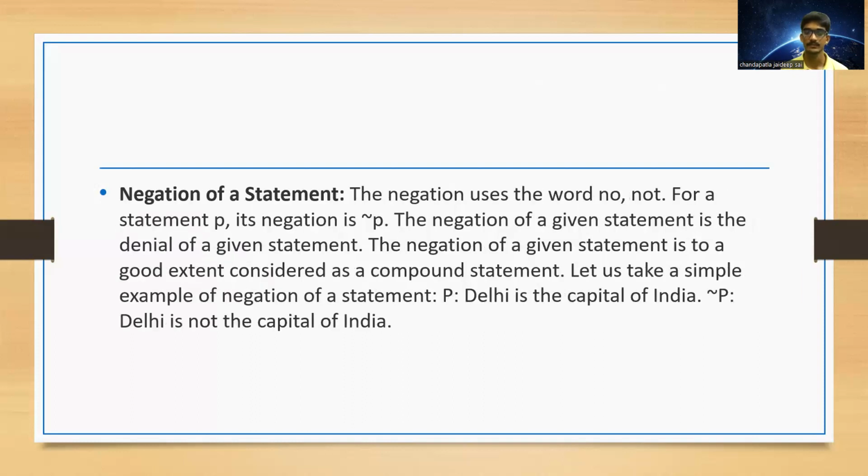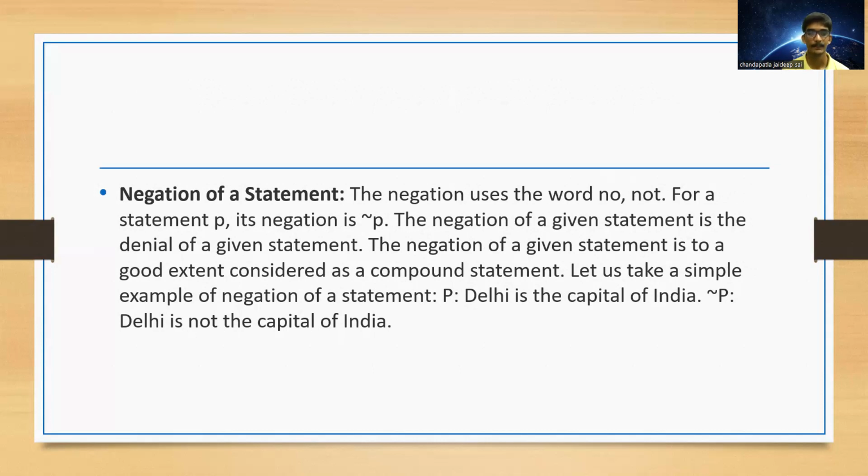Negation of the statement. The negation uses the word no or not. For a statement P, its negation is negation of P. The negation of a given statement is the denial of the given statement. The negation of a given statement is to a good extent considered a compound statement.